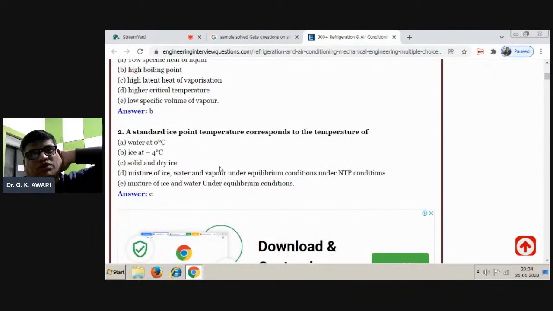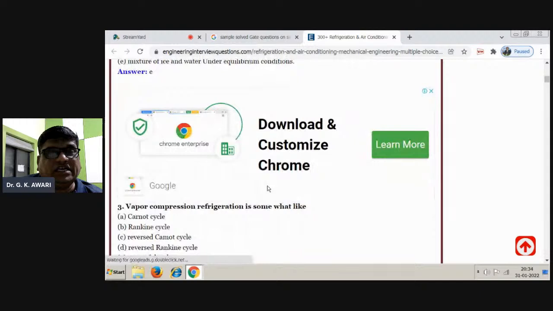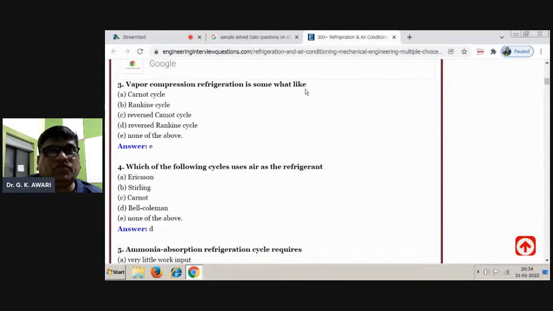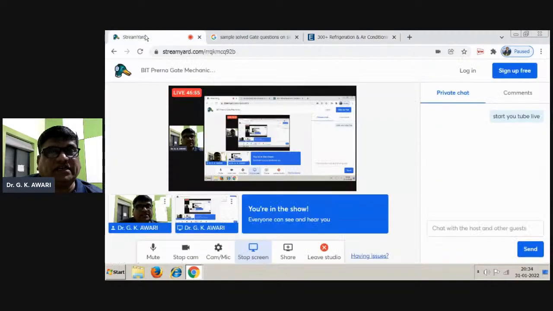A standard ice point temperature corresponds to the temperature of water at 0 degree centigrade, ice at 4 degree centigrade, or a mixture of ice and water under equilibrium. Then vapor compression refrigeration is somewhat like which cycle?